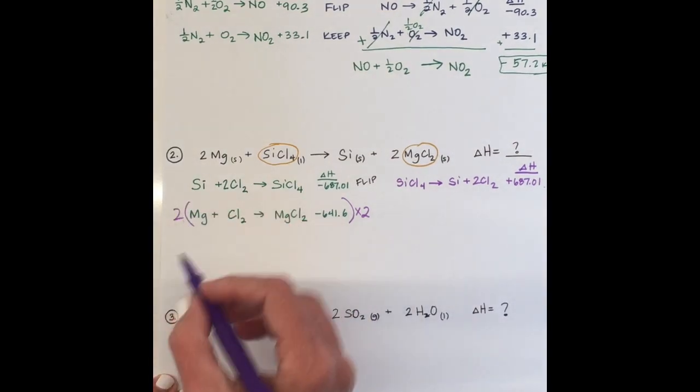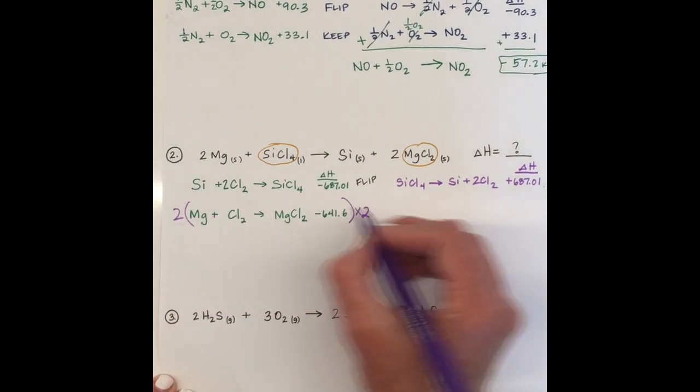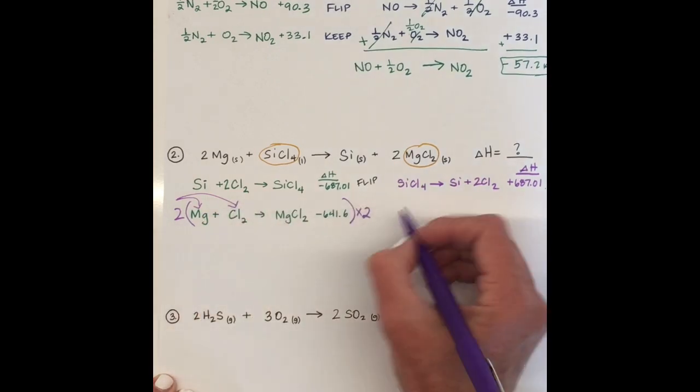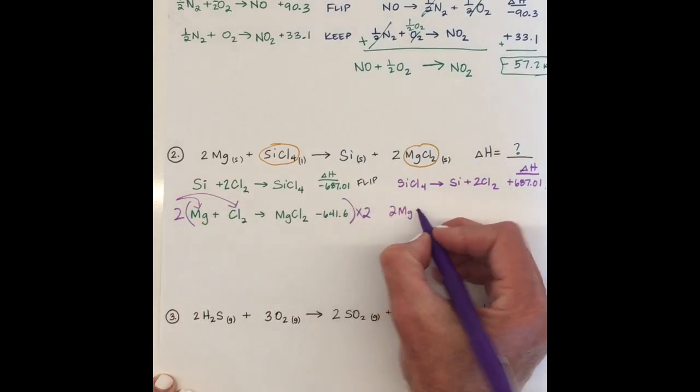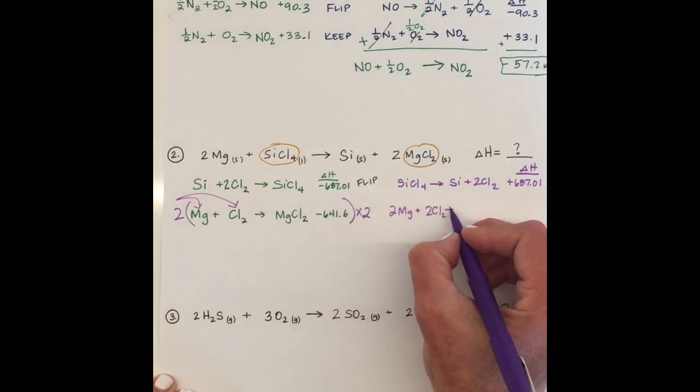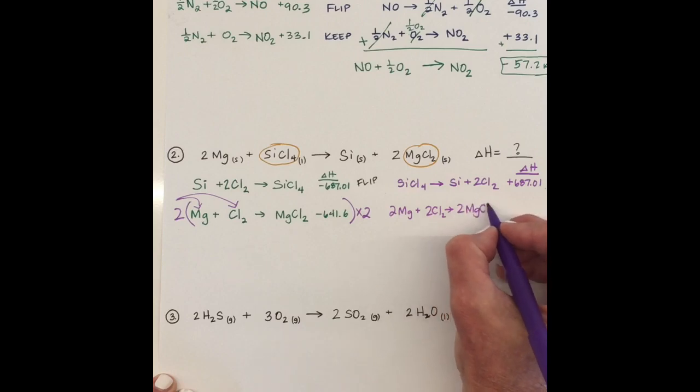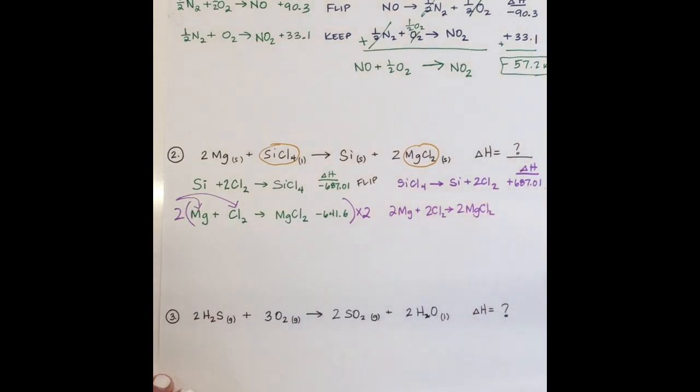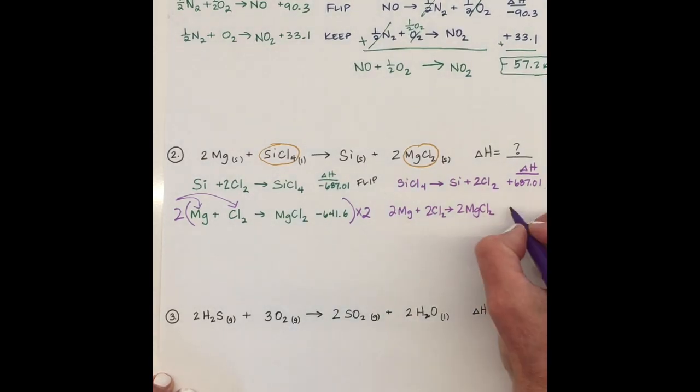Everything. Okay? So I'm going to have to distribute, remember math, 2 magnesiums plus 2 chlorines make 2 MgCl2s. And the delta H, 641.6 times 2 is, it was negative, so keep it negative. Negative 1283.2.